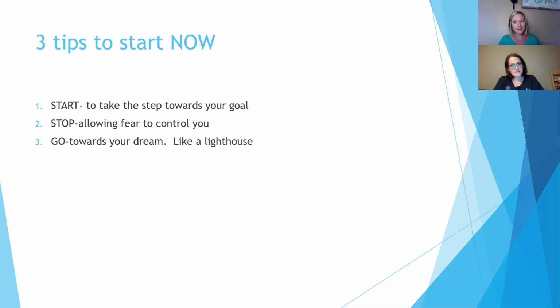You're going to stop allowing fear to control you. I like to call fear, it's like you have a devil and an angel on your shoulder, and fear is like the devil. Like, no, don't do that scary thing. It's basically your dinosaur brain telling you not to do the thing because it doesn't know what's going to happen. And our dinosaur brain doesn't like that because it wants to keep us alive, because that's what we needed when we were cave people, right?